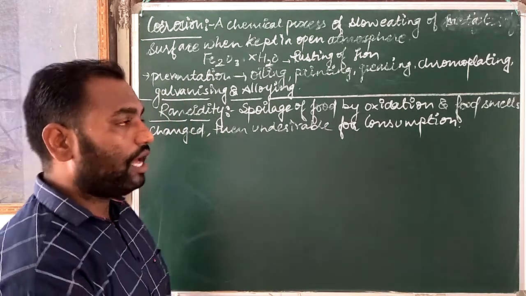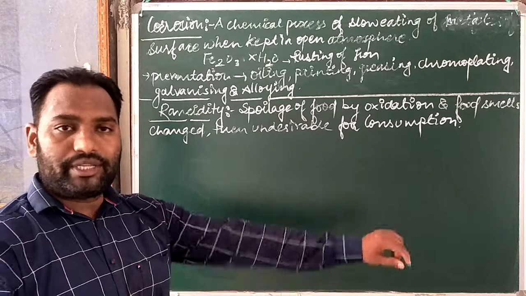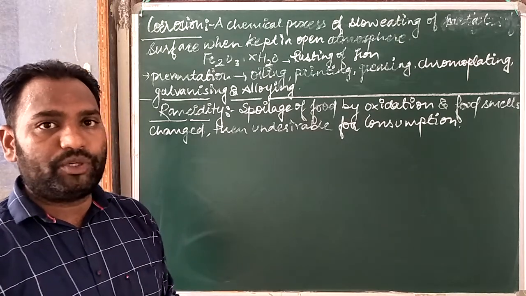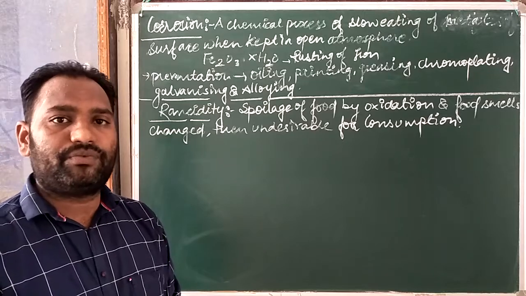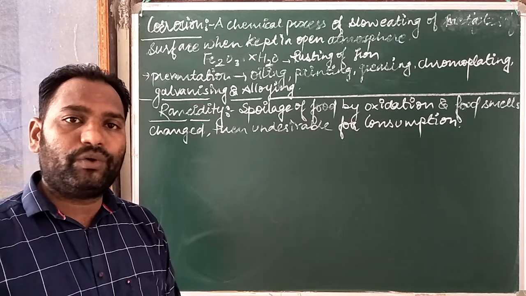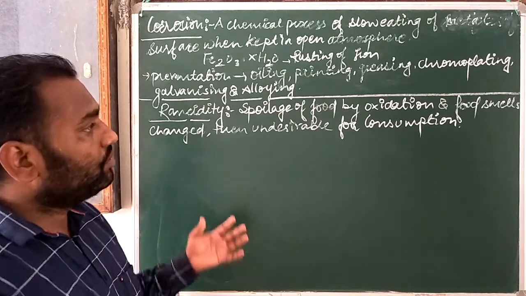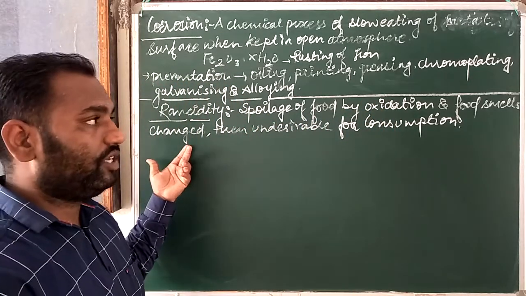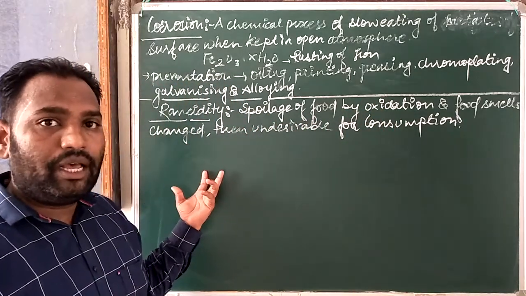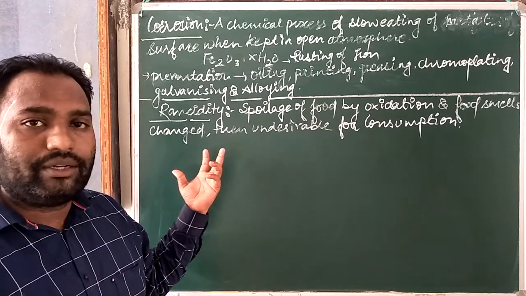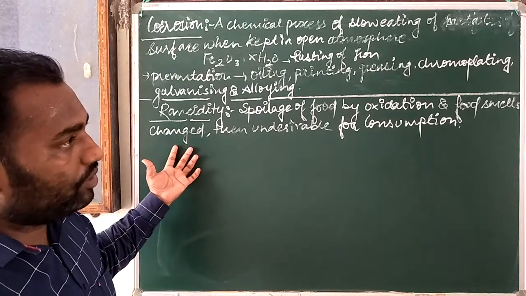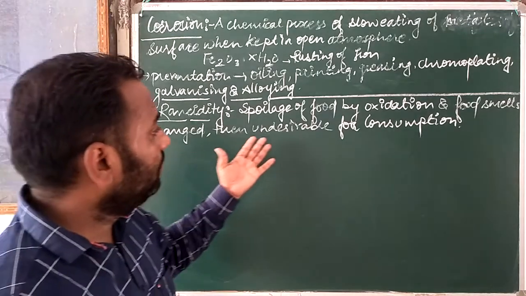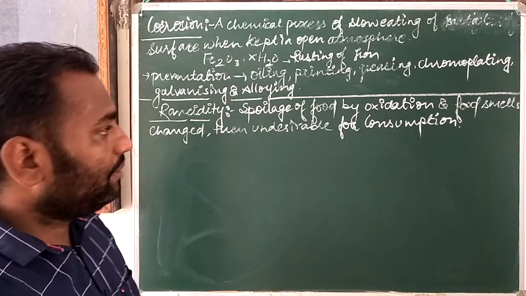You know when food is kept in the outside environment, due to oxygen it is going to be oxidized, and oxidized food is bad and harmful for our health. Smell change means a foul smell will come, and it is not good for health, because it is not easy to take such food into our body. It is undesirable for consumption.